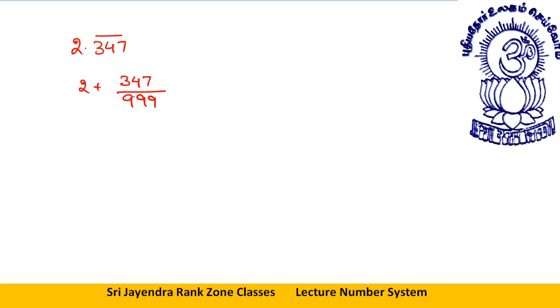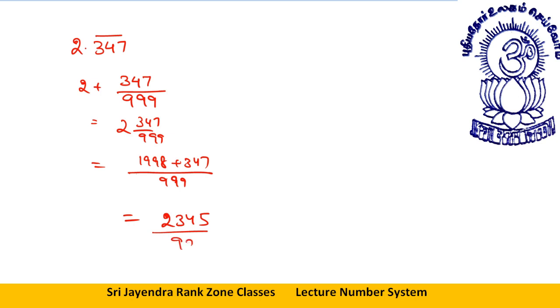On the top it is 347, that is 2 plus 347 by 999. This is your answer. If you want to take it as a vulgar fraction, this is 1998 plus 347 by triple nine, or you can say this becomes 2345 by 999. This is your next one.